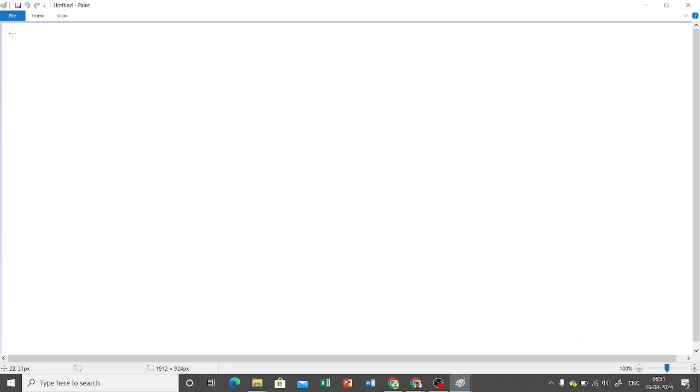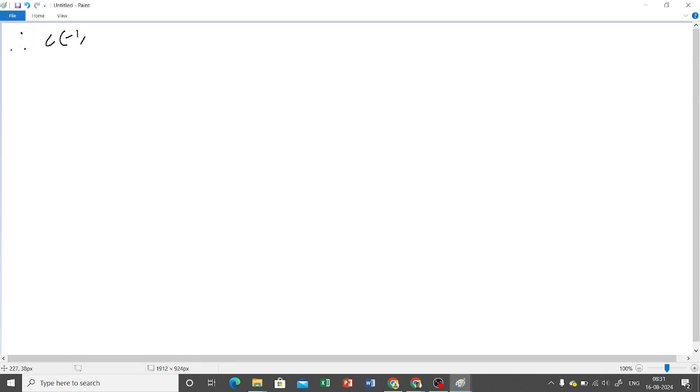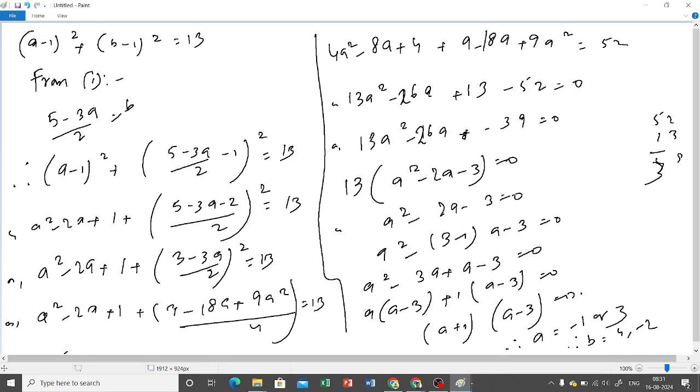Okay, therefore what is the center? The centers are going to be minus 1 comma 4 and 3 comma minus 2.